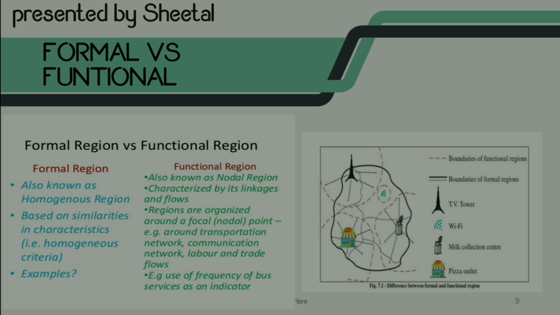The red dotted line represents the boundaries of the functional regions, whereas the double bar shows how the formal regions are divided. Here are different communication media like TV tower and Wi-Fi, and economic activities like a milk collection center and a pizza outlet. These give you an idea of how you can differentiate between the formal region and the functional region.